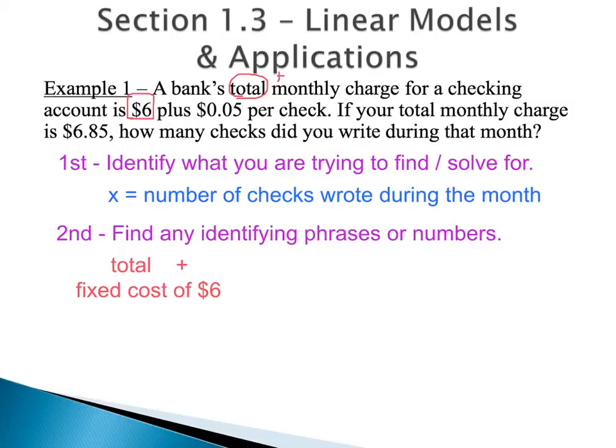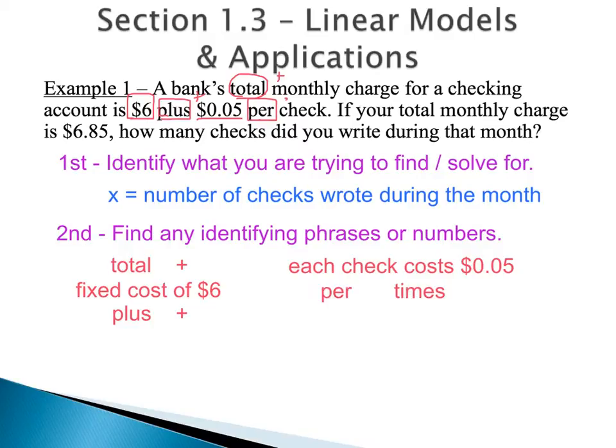That word plus, again, reinforces the total that we had before. The 5 cents per check, again, 5 cents is definitely going to be important. Per means multiplication, and again, if you're not sure, check out that chart that we have posted in the course. And then the number of checks. So per check, or check is what we're trying to find, the number of checks that we have. So that would just end up being our X.